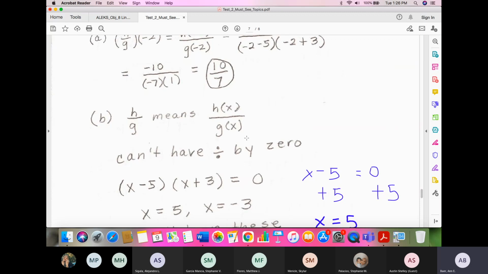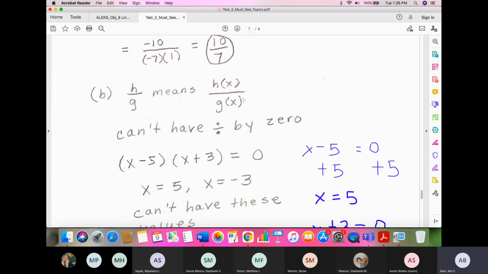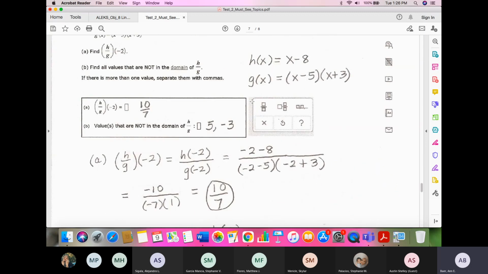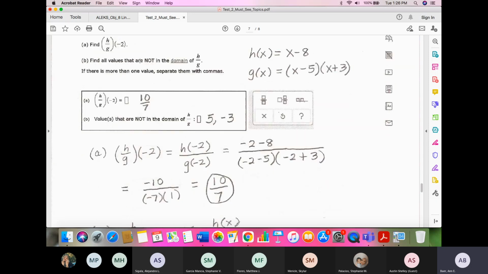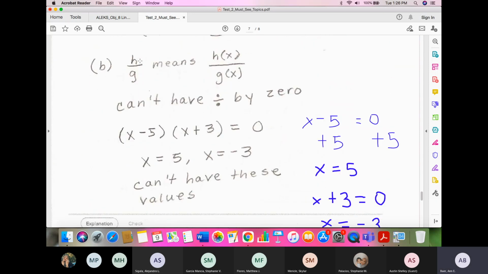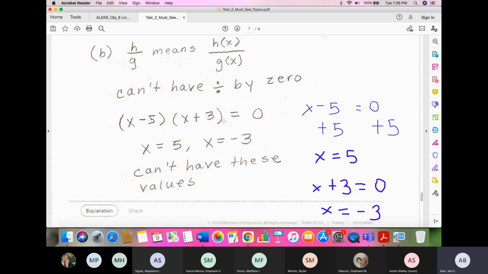So let's take a look at this g of x. This potentially could cause division by 0 here, depending on what g of x is. And g of x in this setting is x minus 5 times x plus 3. So we want to take x minus 5 times x plus 3 and set it equal to 0, and see if it gives us any values that will cause division by 0.